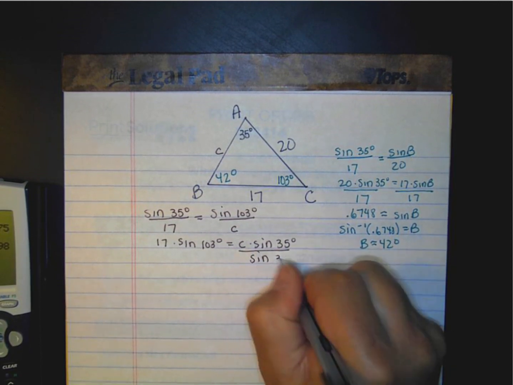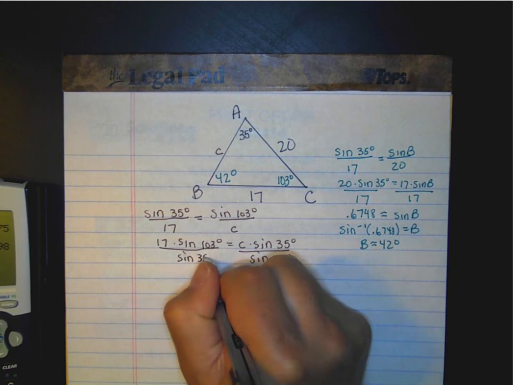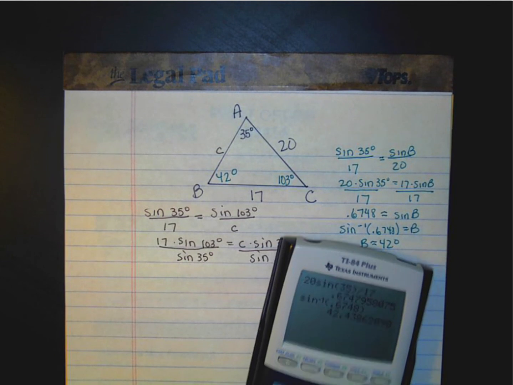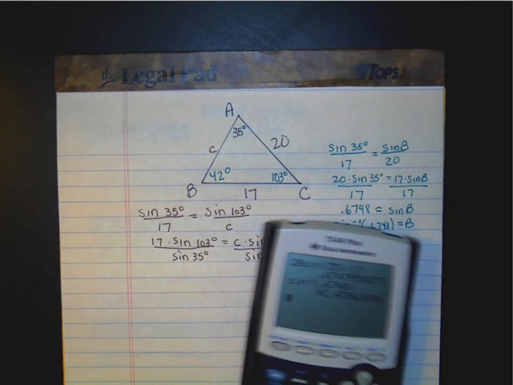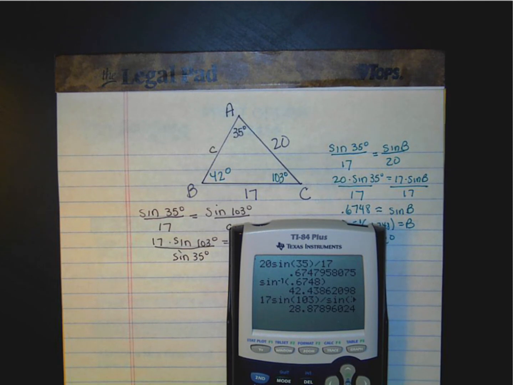Divide by sine of 35. And so you can see 17 sine 103 divided by sine of 35 is about 28.9.